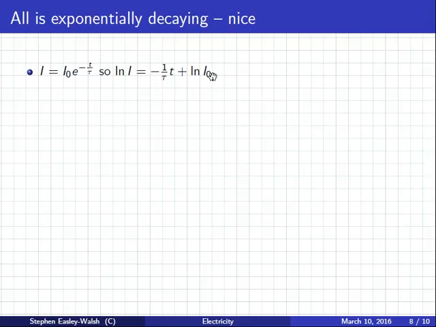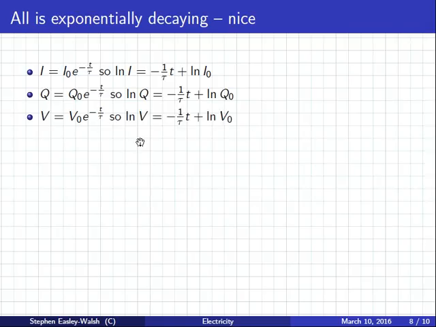But it's exactly the same formula for the voltage if you use a voltmeter, or the charge as well: Q equals Q0, and so again log Q equals exactly the same thing. True for the V as well. V equals V0 e to the minus t over tau, and so log V will equal the same thing. So it's really one formula for both I, Q and V.